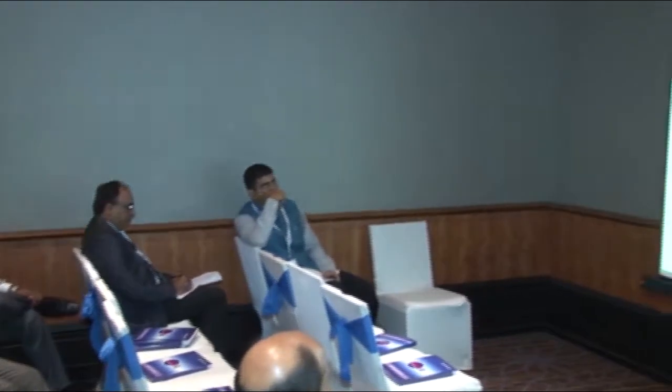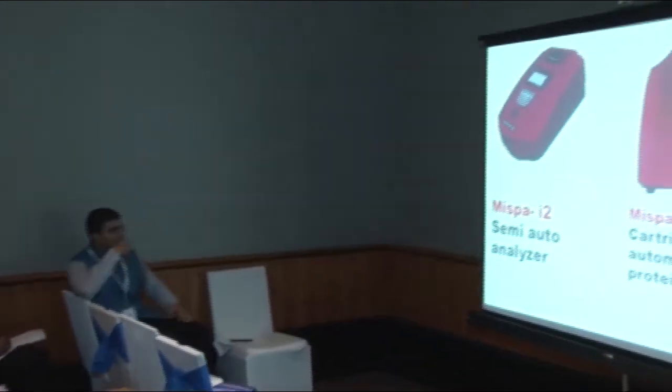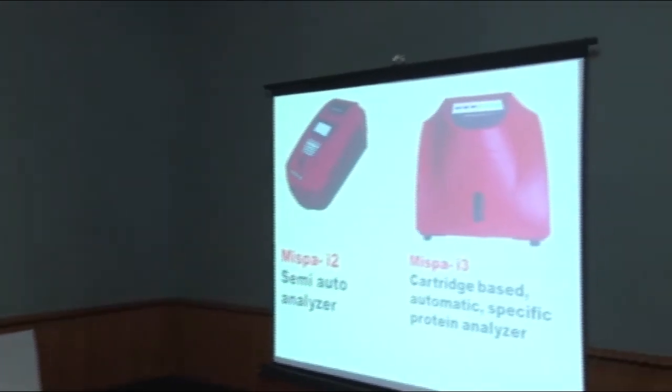This innovative technology will have the advantages of both these techniques. And we have started with the MISPA I2, that is a semi-auto analyzer. We have to add the serum by hand in that, whereas MISPA I3, which is kept there, is a scattered light based automatic specific protein analyzer.